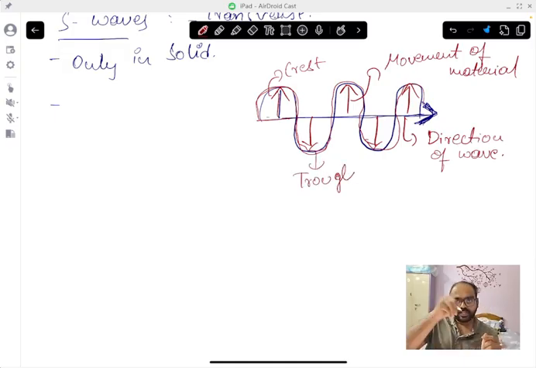So as they move like this, they also create those impressions on the materials they pass through. That is, they create crests and troughs in the materials they pass through. S waves are also called transverse waves, they travel only in solid, and they cause crests and troughs in the materials they pass.